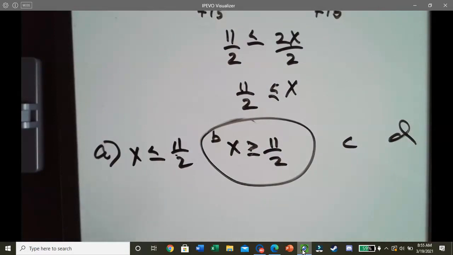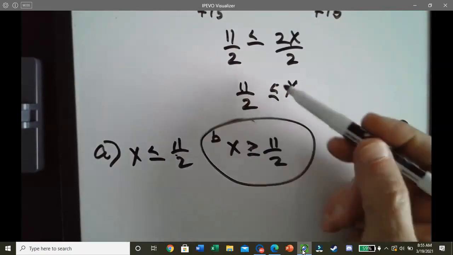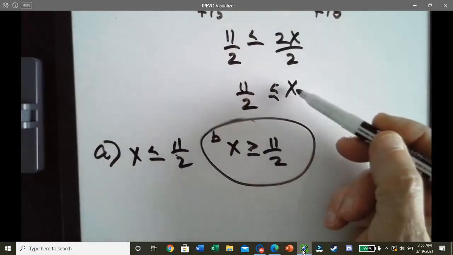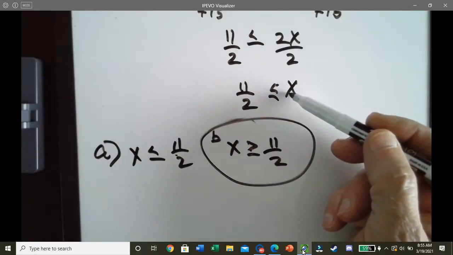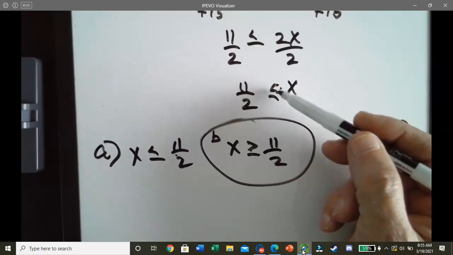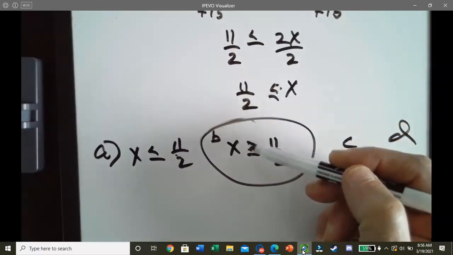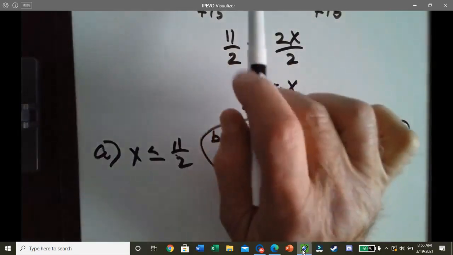So these are considered equivalent because you can switch everything, right? So the thing you've got to look at, if you solve for x on the right side, you've got to be careful to look at that inequality sign, whether x is on the large end or the small end, and look at it here too. That's why you have to switch.